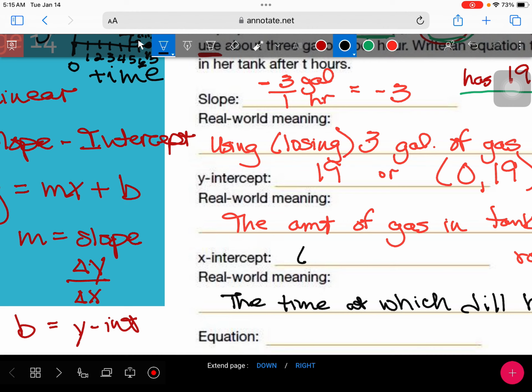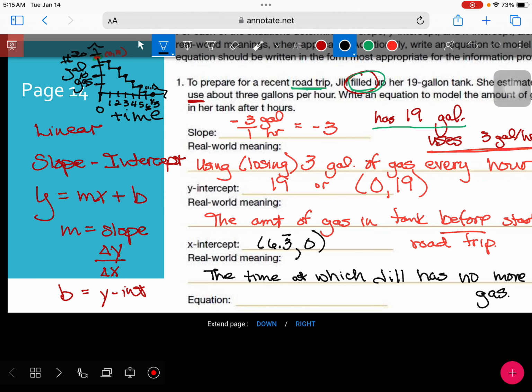So the x-intercept is going to be 6.3 repeating, comma, 0. And so she has taken 6 hours and a third of an hour, which would be 20 minutes. So you could say 6 hours and 20 minutes to run out of gasoline from that 19 gallons of gasoline.